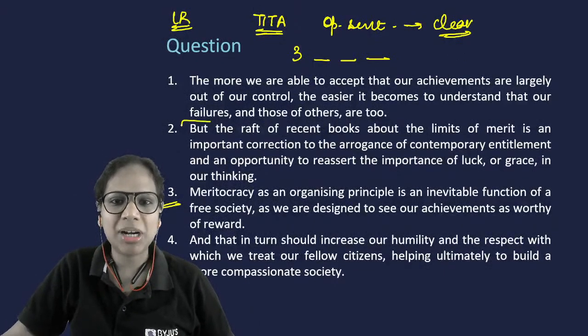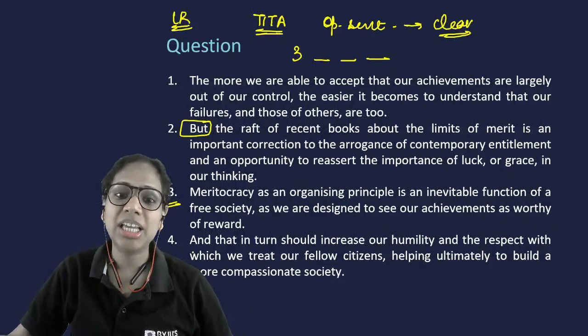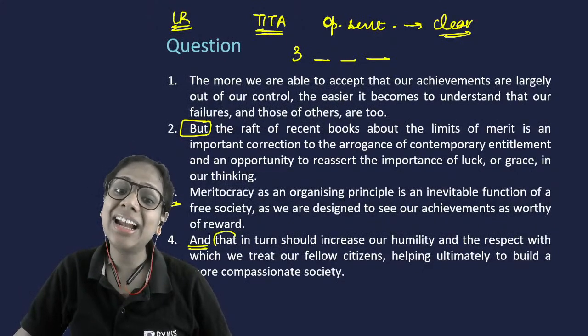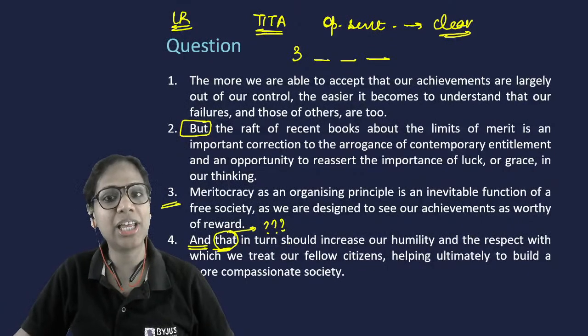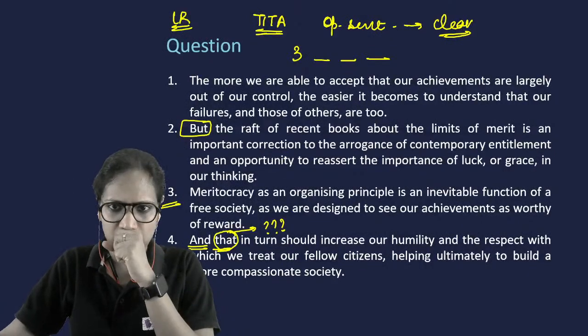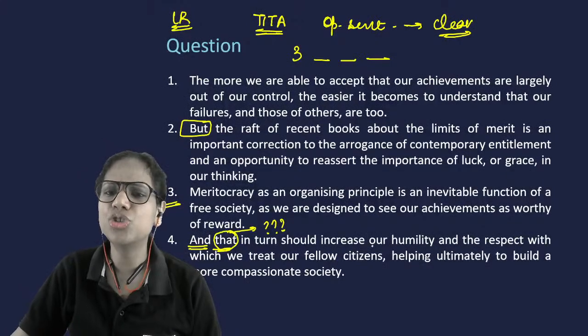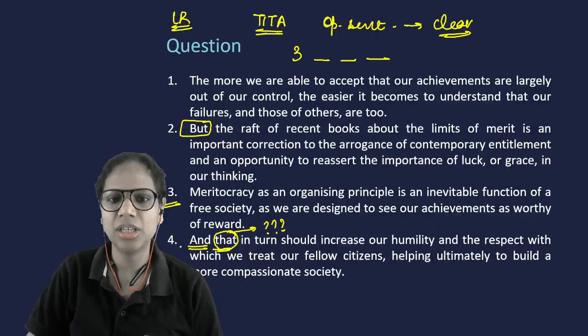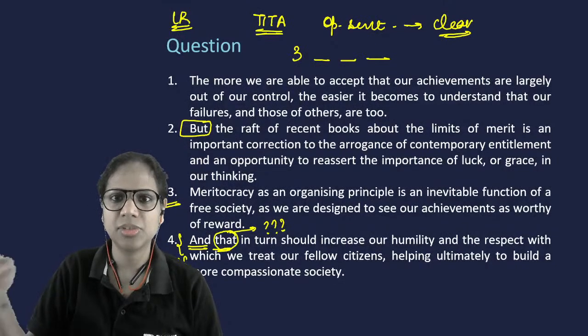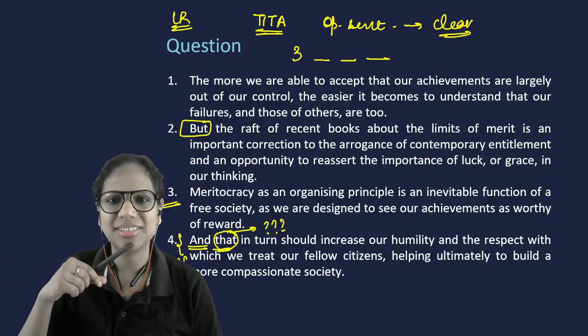There is a "but" here, so that will also help me. There is an "and" there, and that in turn, what? What in turn? Noun-pronoun relationship, that will help me. So, what in turn should increase our humility and the respect with which we treat our fellow citizens? Yes, some realization, right?